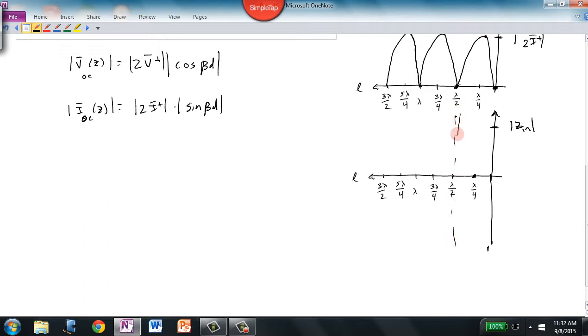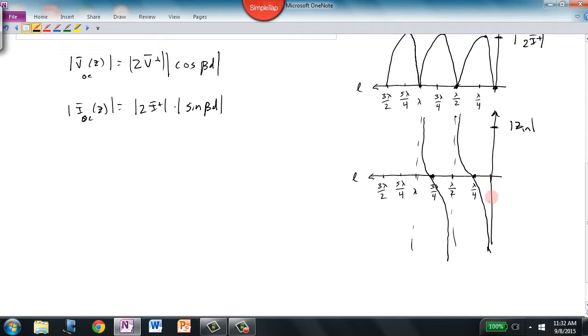So we get this asymptotic behavior that looks pretty similar to what we saw for the short circuit. This behavior is going to repeat itself every lambda over 2, where lambda over 4 integer multiples are going to have 0 input impedance, and at lambda over 2 multiples we're going to have infinite input impedance. And so we've got that plot.